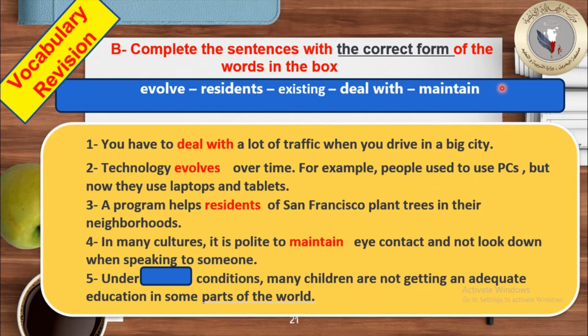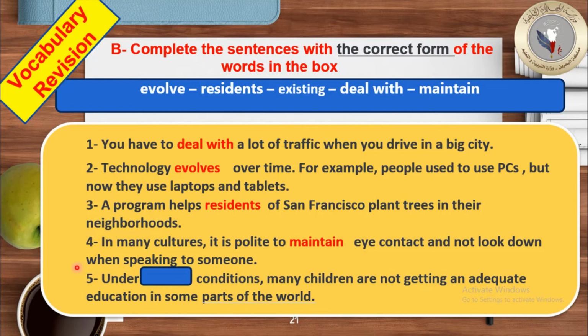If I put a word like avoid, you have to focus more on the meaning of the sentence, because maintain eye contact and then not look down, the two ideas complete each other, go in the same direction, right?